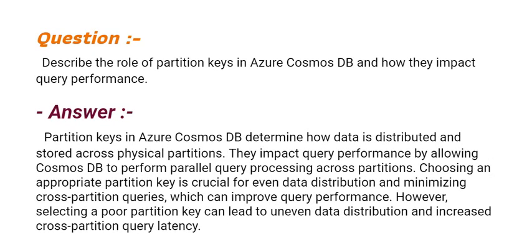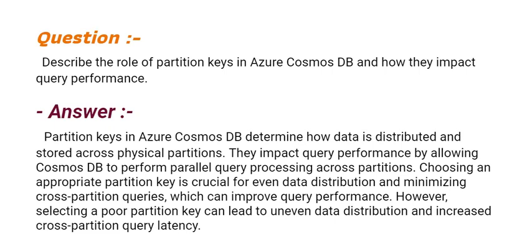Our next question is, describe the role of partition keys in Azure Cosmos DB and how they impact query performance. Your answer should be, partition keys in Azure Cosmos DB determine how data is distributed and stored across physical partitions. They impact query performance by allowing Cosmos DB to perform parallel query processing across partitions.